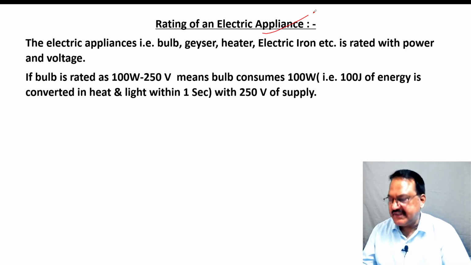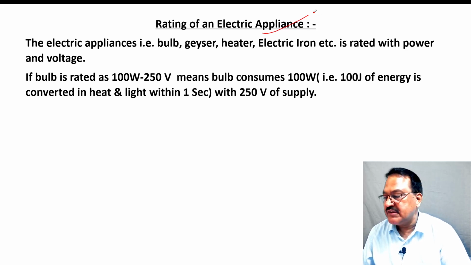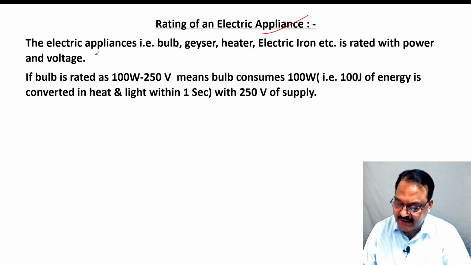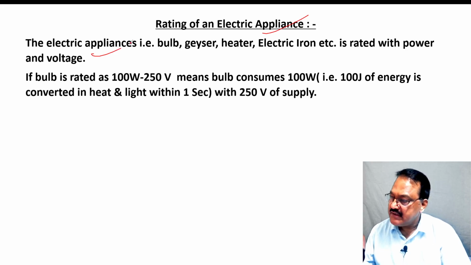So we have to tell, okay, we need 10 watt, 9 watt, 15 watt or 100 watt rating of bulb. What is it talking about? If you purchase this electric appliance, the rating will be given like this only, meaning power as well as voltage.